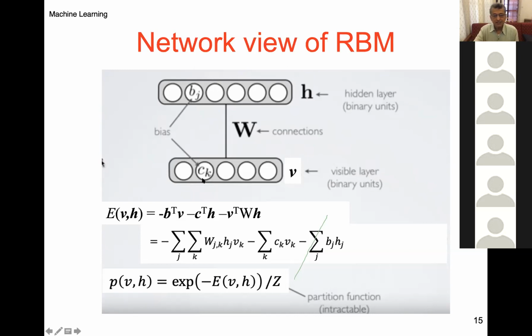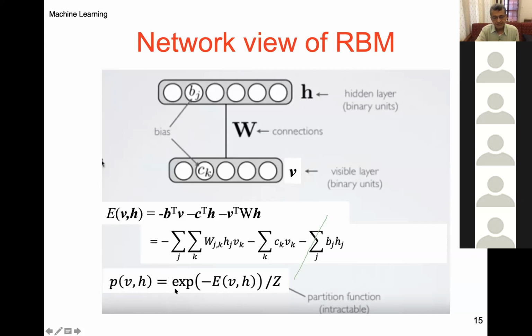So E(V,H): if you have learned all these W's, and for any given V, we have certain values of H based on the W, then E(V,H) is given by B and C, which are also parameters. Let's say we are setting them for all of these. So it's minus B transpose V, minus C transpose H, minus V transpose WH. And that relationship is expanded out in terms of all the values in these matrices.